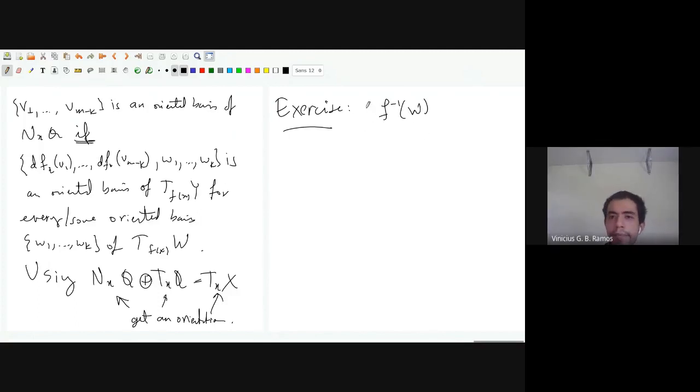So if it does have boundary, you can look at the boundary of this, and we know that this is the same as when you look at the boundary of X and you take the pre-image of W. So this is something we proved last time. But the point is that as oriented manifolds, you're doing something different. Like here, you're looking at the induced orientation on the pre-image, and you take the boundary, and then you have an induced orientation. But here, if you restrict f to the boundary, then you can take the pre-image, and that has the induced orientation.